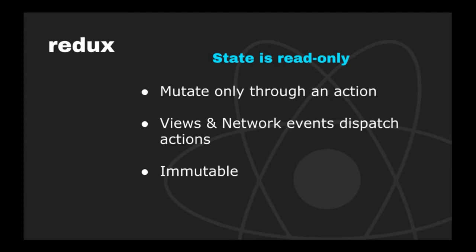This is what makes Redux a bit complicated, and we're going to look at how to connect the server in the next lecture. And that's the property that the state is read-only. It makes it immutable, so every time you want to change the state, you have to create a new state.